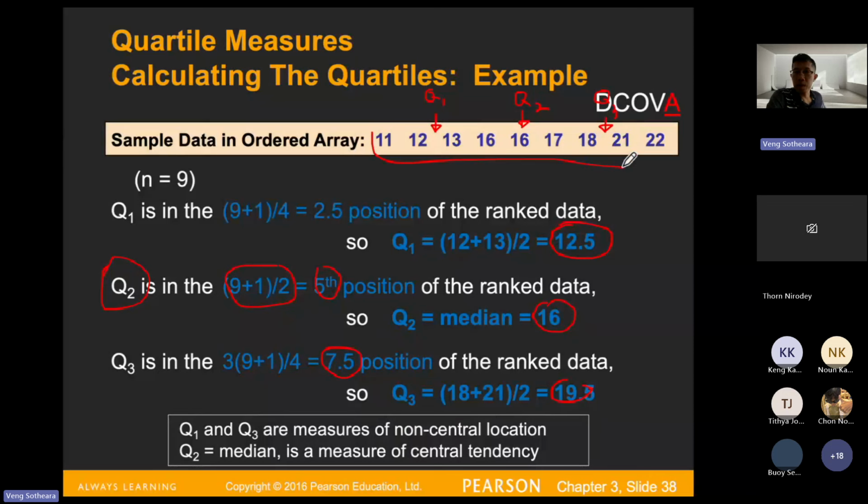Now we get Q1 equal to 12.5 years old. I suppose we can say a quarter of the people are around the age of 12.5 or under. Yes, it would be better to say under, not around.